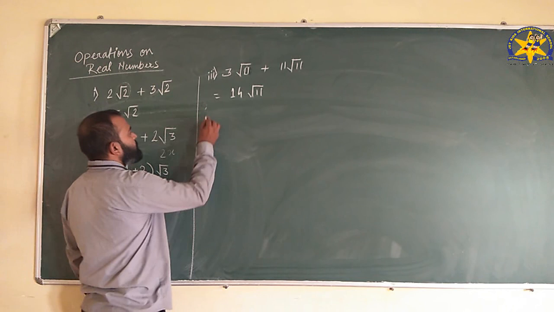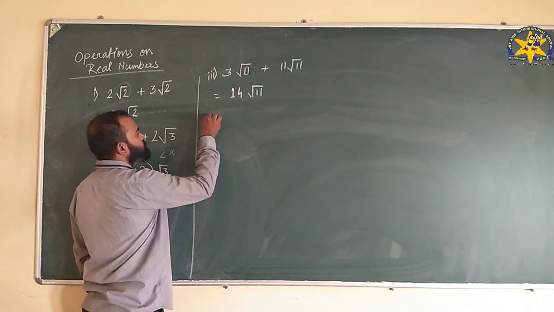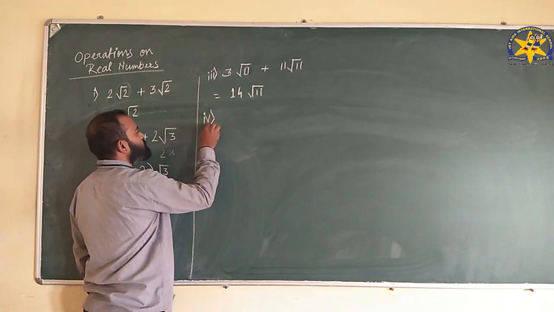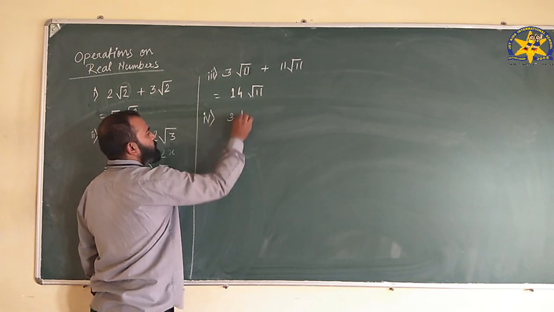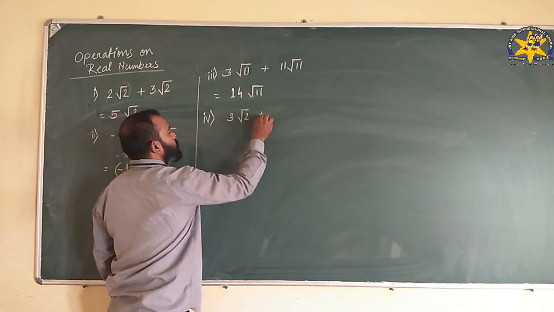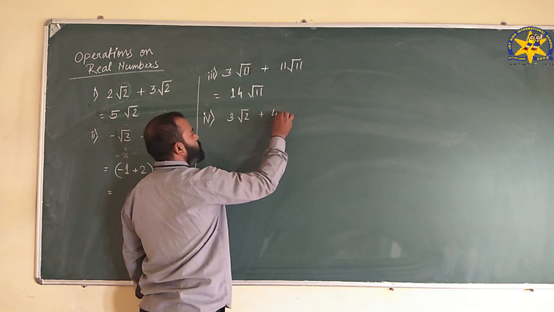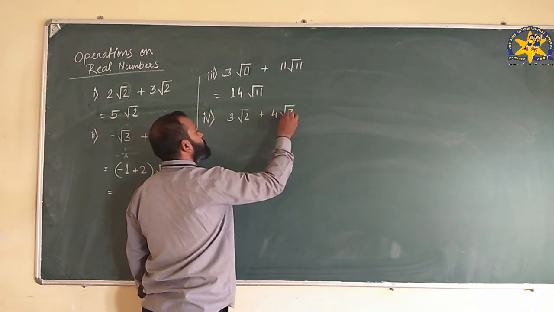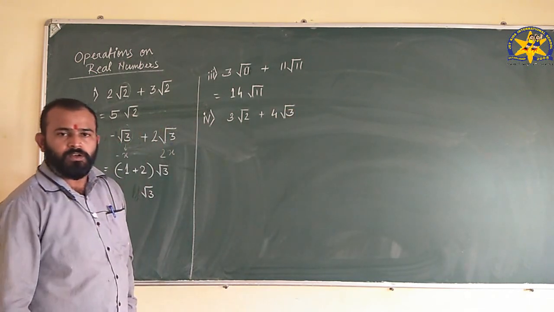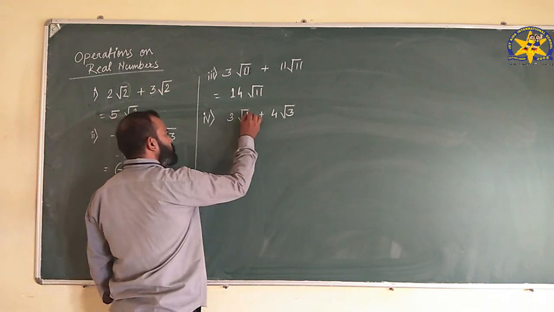Another example. 3 root 2 plus 4 root 3. Now, I have told you, suppose this is an x.